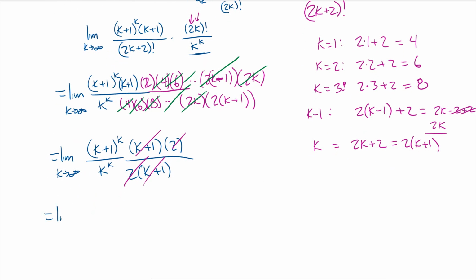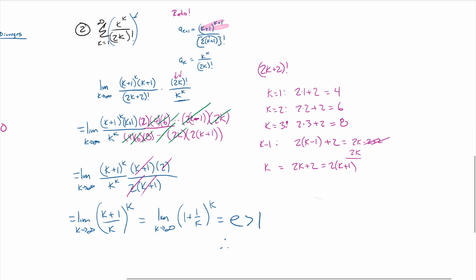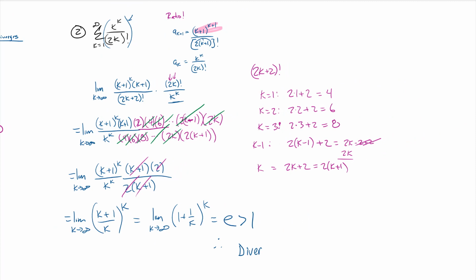The only thing we are left with is the limit as k tends towards infinity of k plus 1 over k raised to the power of k, which is equal to the limit as k tends towards infinity of 1 plus 1 over k raised to the k, which is exactly the definition of e. e is larger than 1, therefore this diverges by the ratio test.